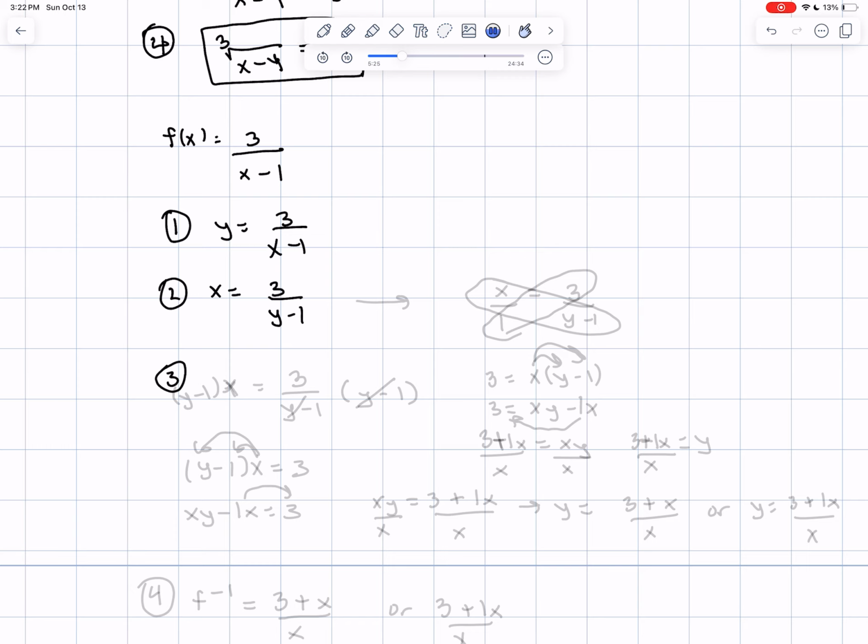Now there's 2 ways on how you can solve this. You'll still get the same results. I will show the way that your professor taught you, and then I will also show the way that my professor taught me.